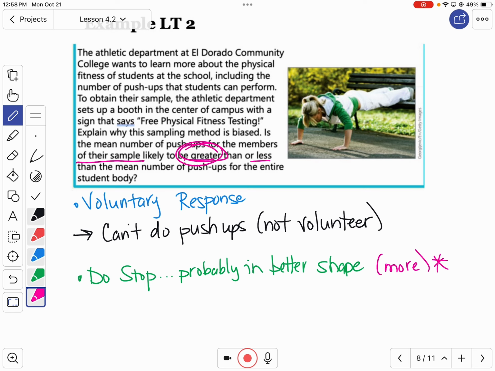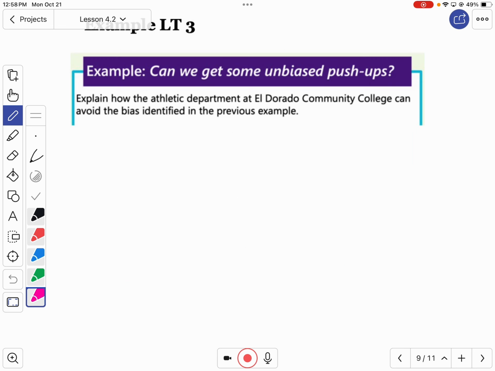Okay. All right, and then the last one. Again, this is just kind of what we're going to do, looking at some situations. How could they fix it so that it would have less bias? How could they fix that whole experiment they're doing so that they have less bias? What does it need to be? It needs to be random, okay?